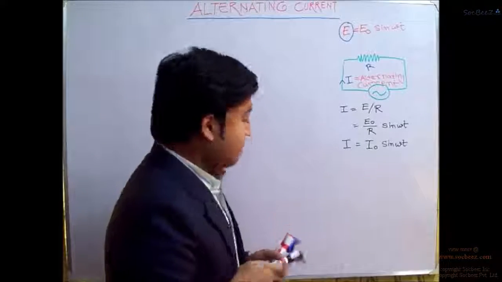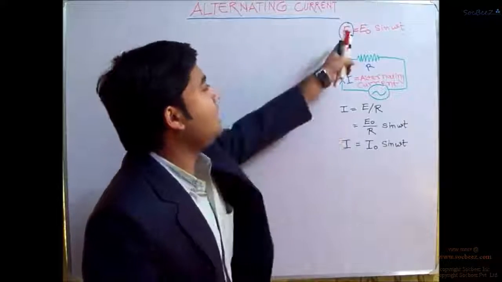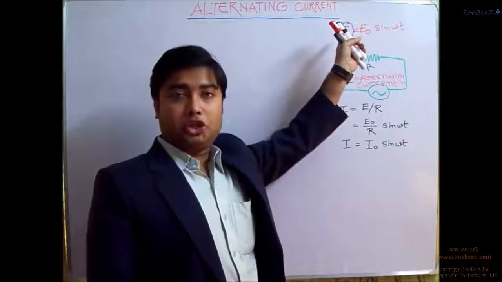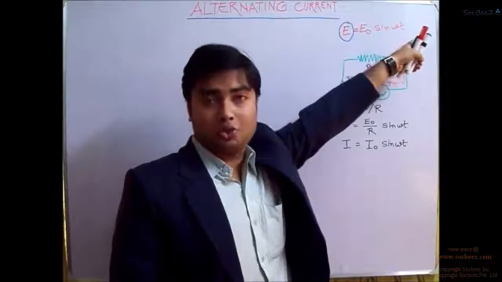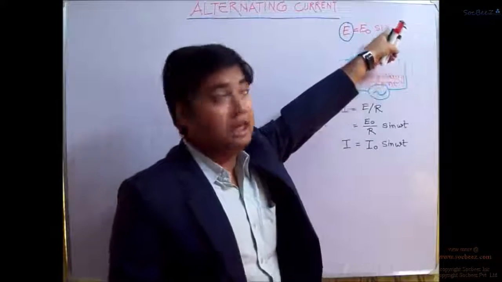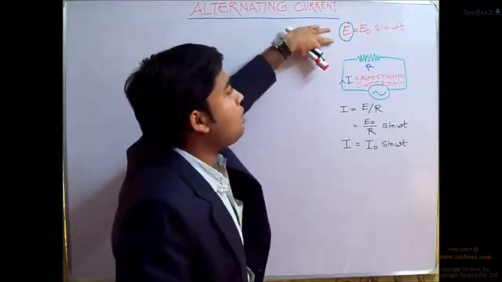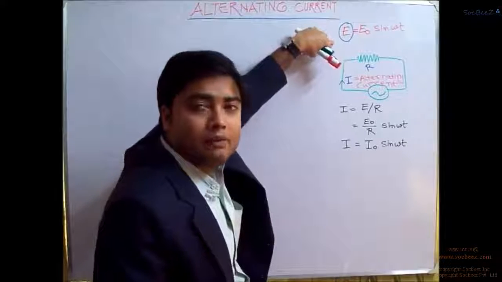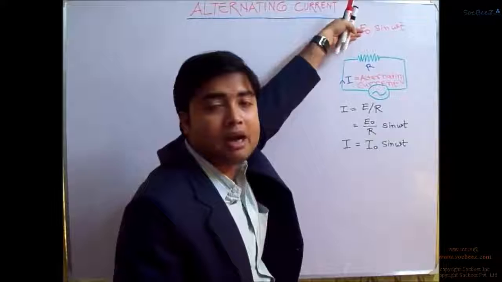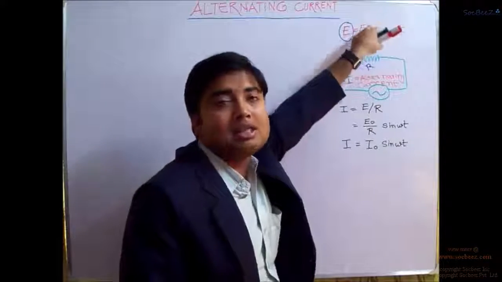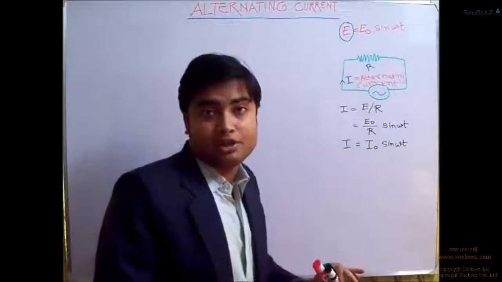So, as we primarily got the equation, at that particular point of time, small t, the alternating EMF will be equal to the peak value of the alternating EMF multiplied by the sine of the phase change, right?